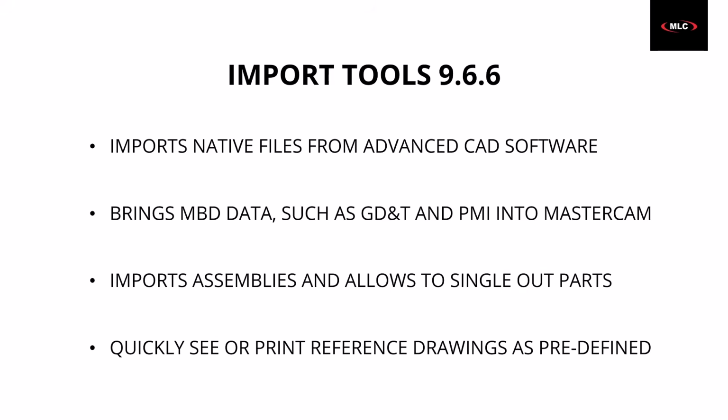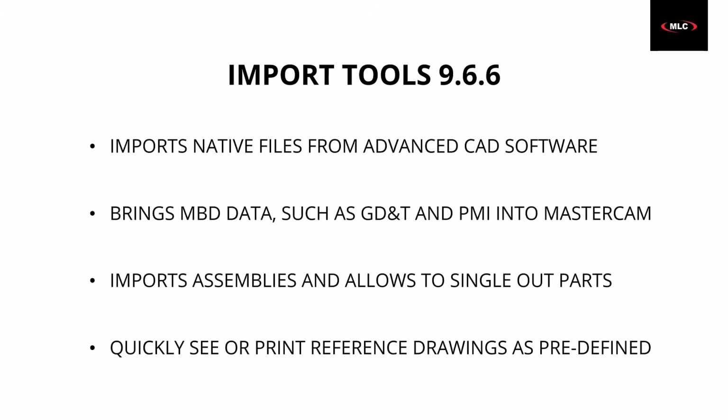You can also import assemblies that have been created with those software packages. You can single out separate parts so you can manufacture a single part at a time, as well as quickly see or print those drawings, the 2D drawings that you might use as references, but that have been predefined and dimensioned by the engineer.